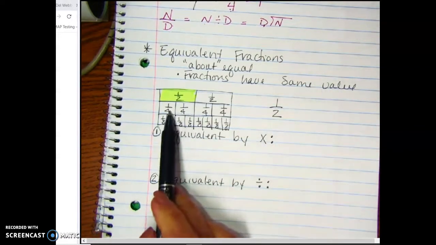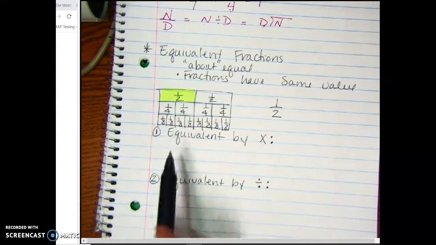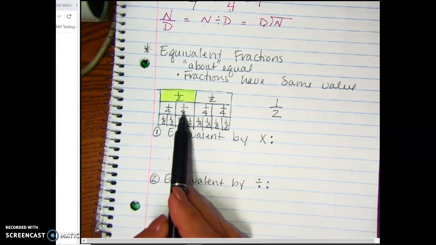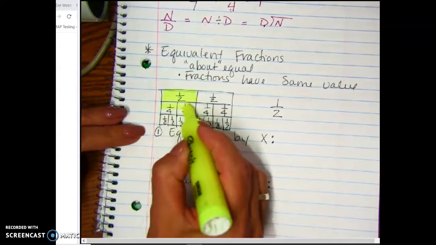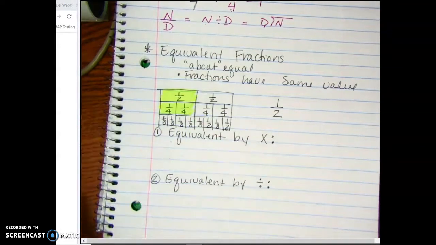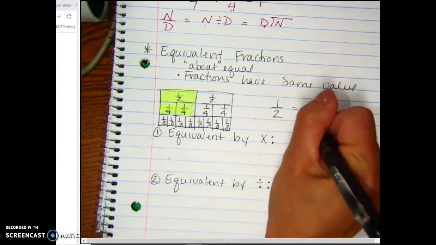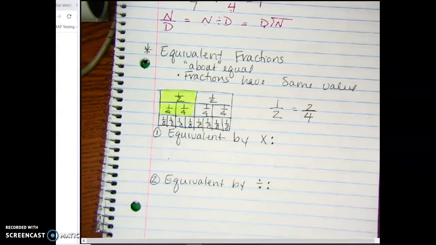Here I've divided this same exact strip into 4 equal parts. So here I have 1/4, 1/4, 1/4, 1/4. Well, if I highlight the half, how many fourths do I have? 2/4. Okay, so 1/2 equals 2/4. You can see that there.